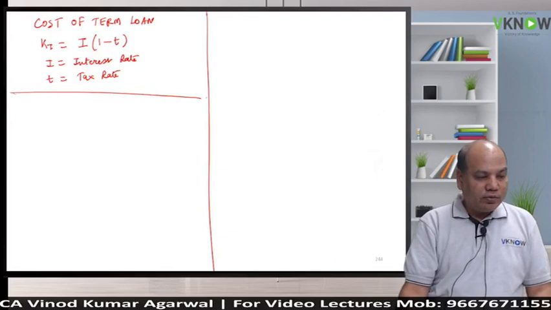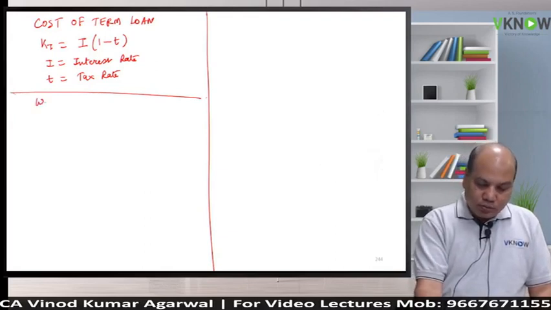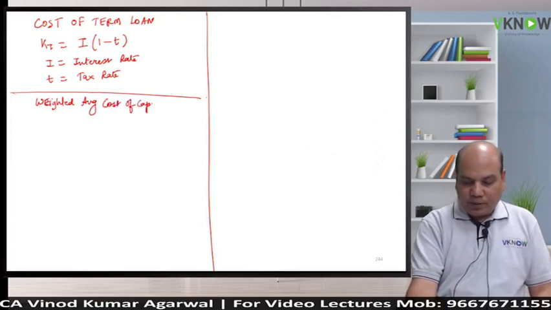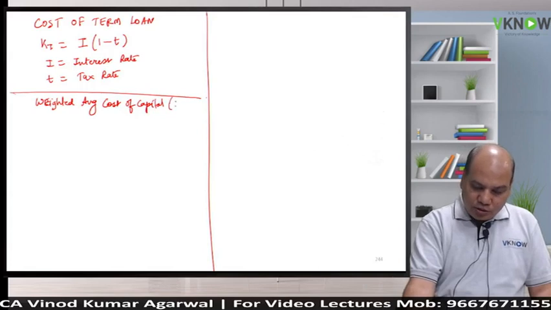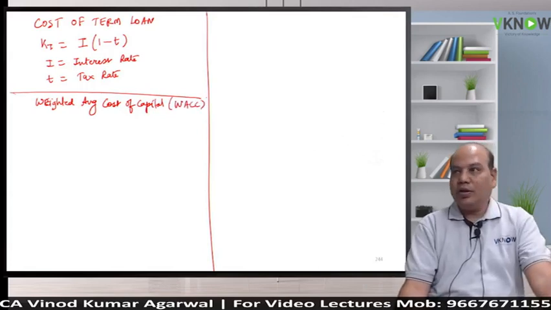After that we have weighted average cost of capital. The next heading is weighted average cost of capital, which is called WACC. Is it right?